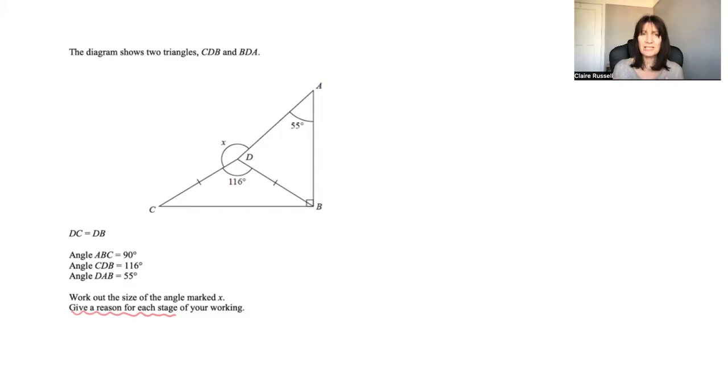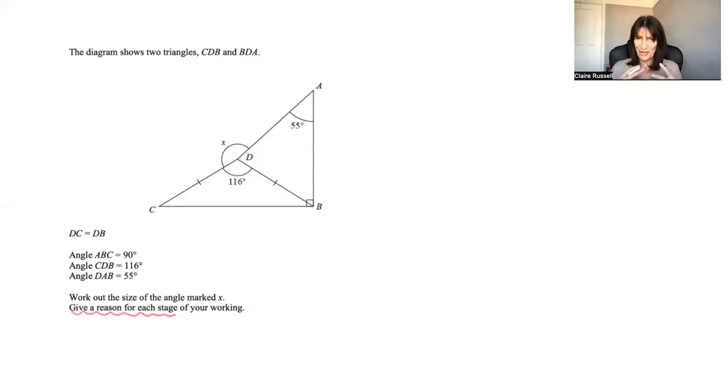So when I look at this, I am looking at an isosceles triangle. I can see that here with those lines. I can see a second triangle here. When I look at the X that they want from me, I can see that actually if I had D, if I had that value there, I'd be able to use angles around a point.